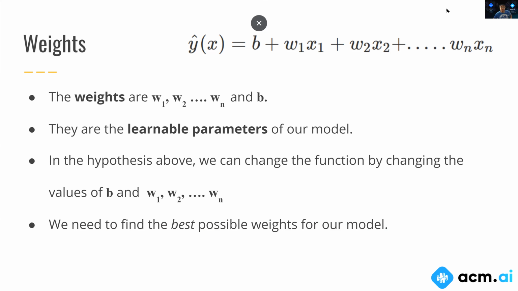And they're known as learnable parameters of our model because these values change during the machine learning process where we apply gradient descent. And don't worry, we keep saying gradient descent like it's a big deal, but you will eventually see how it works and all that fun stuff.